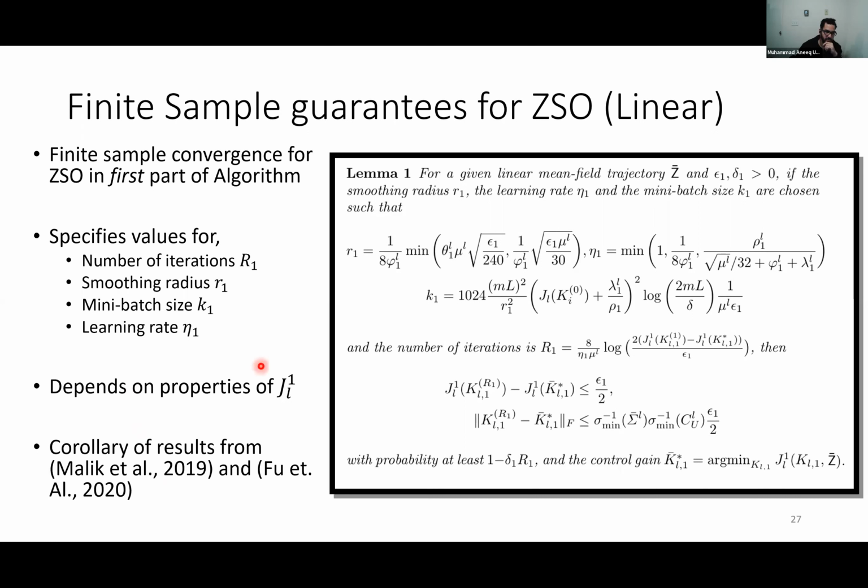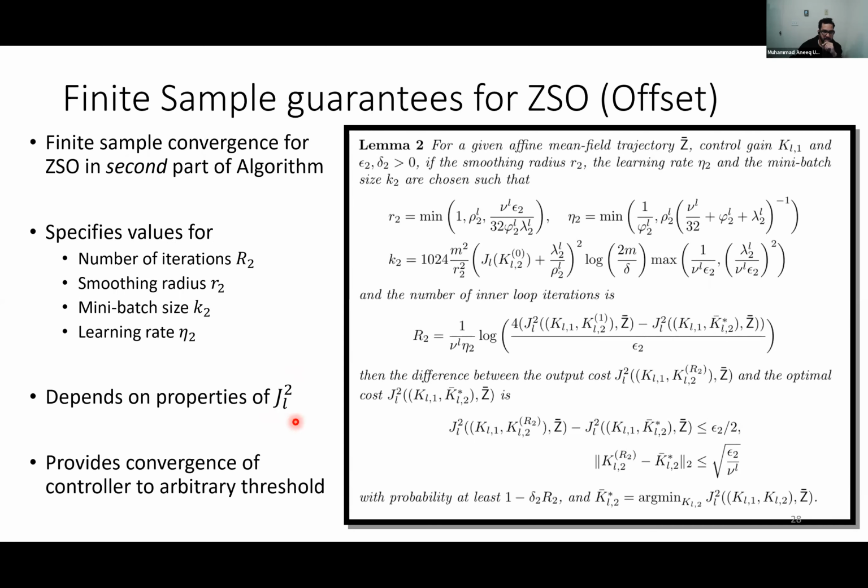The proof depends on properties of the cost, the first part of the cost. The second part we had to prove ourselves because we couldn't find the proof in literature, and again you have to set the number of iterations, the smoothing radius and mini batch size to be the right quantity, and then you will get basically epsilon convergence to the offset terms in the controller.